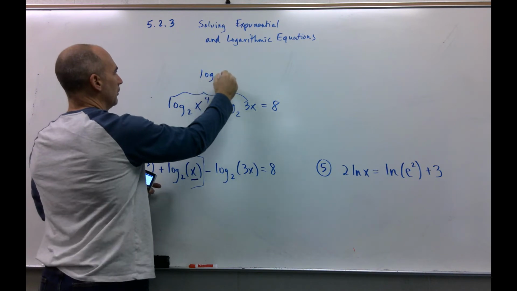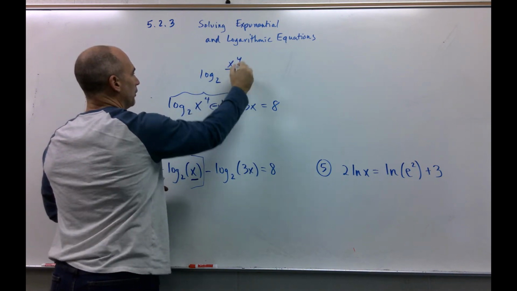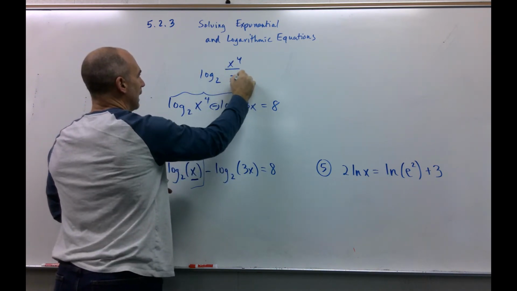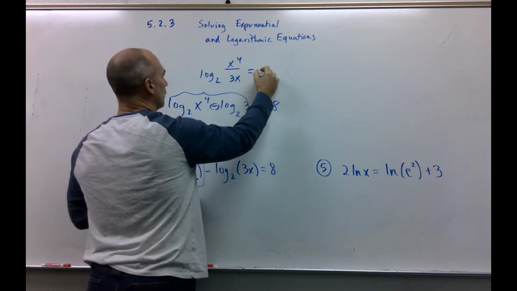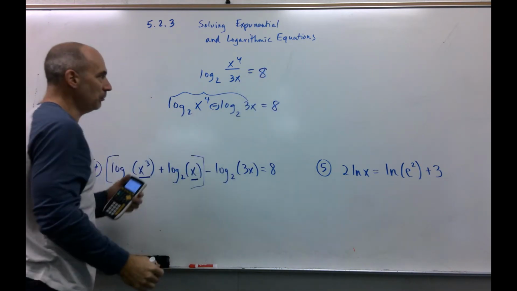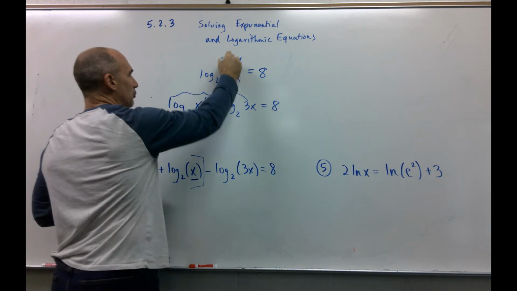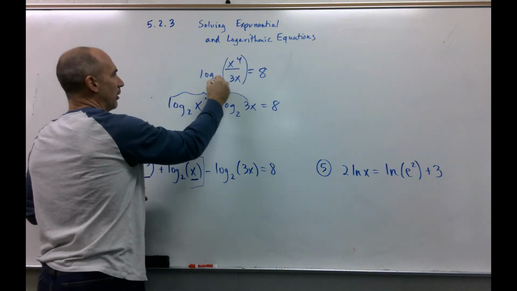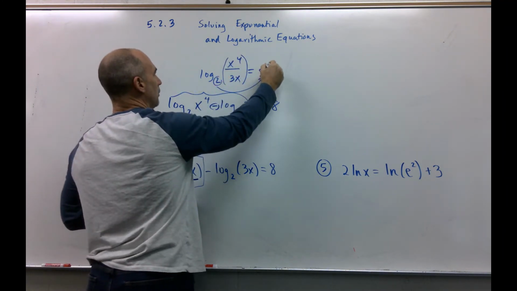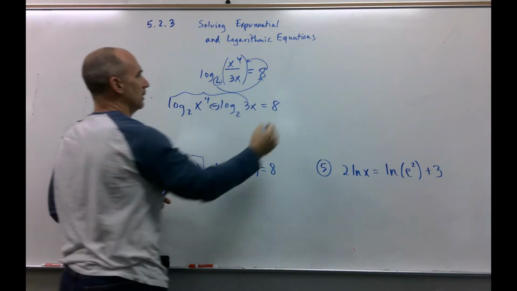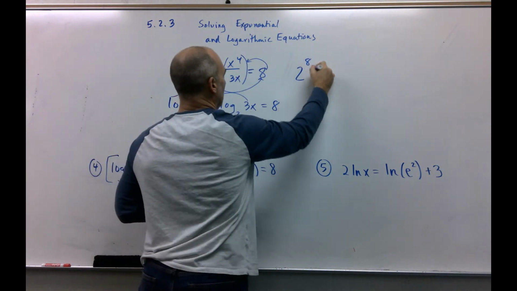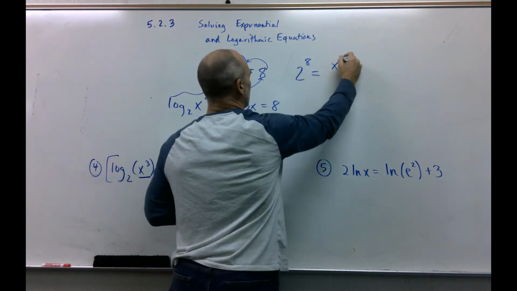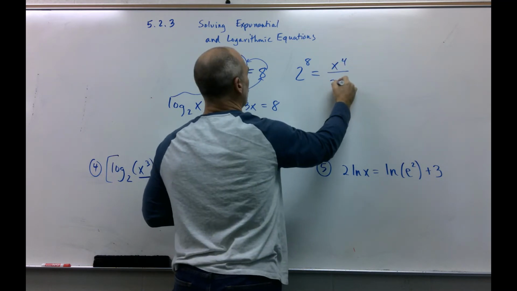Log base 2, x to the 4th in the top, 3x in the bottom, equals 8. Now, even though this looks really weird, here's our base, here's our exponent, here's our answer. So we get 2 to the 8th equals x to the 4th all over 3x.